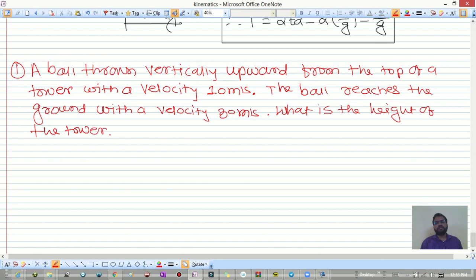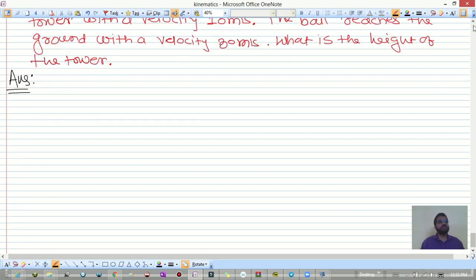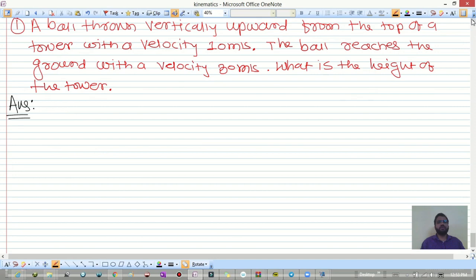So tower height we want, and it is given. So firstly understand the question, right? Understanding the question is very important. Before starting the solution, always try to understand the question very thoroughly. A ball thrown vertically upward from the top of a tower.